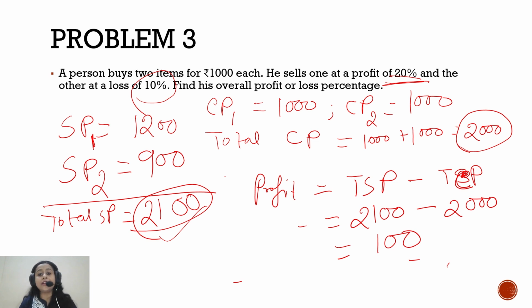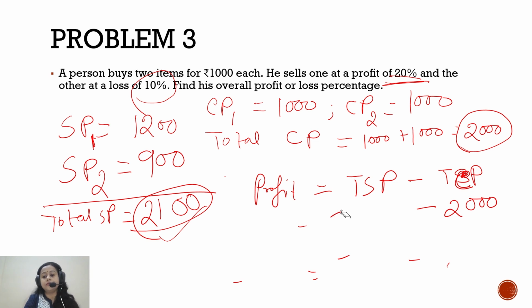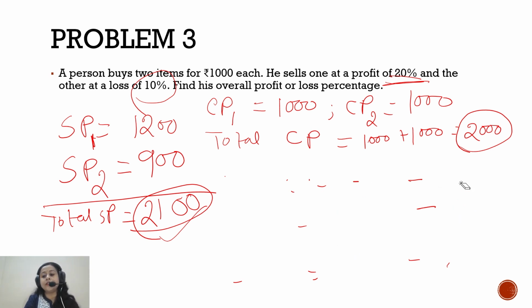Now we have to find out the profit percentage. So obviously he has earned profit, and now we have to find out the profit percentage. It will be calculated out of the cost price, how much profit he has earned.